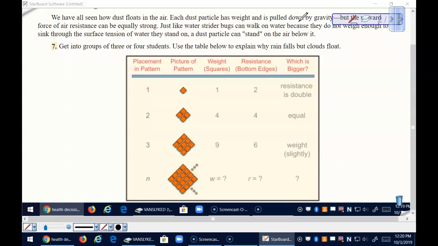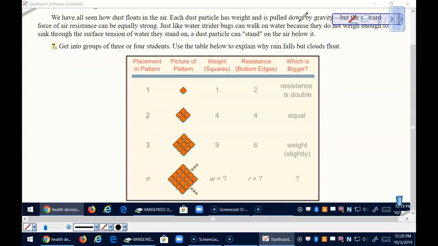Yes. So imagine that you're one of those little water strider bugs walking on some water. Why don't you fall through? You have gravity pulling you down, but there's surface tension that's keeping you up. So similarly, when you have air, it's not that the air has surface tension, but there's some friction of pushing through the air. You would feel it if you stick your head out of the car like a dog.